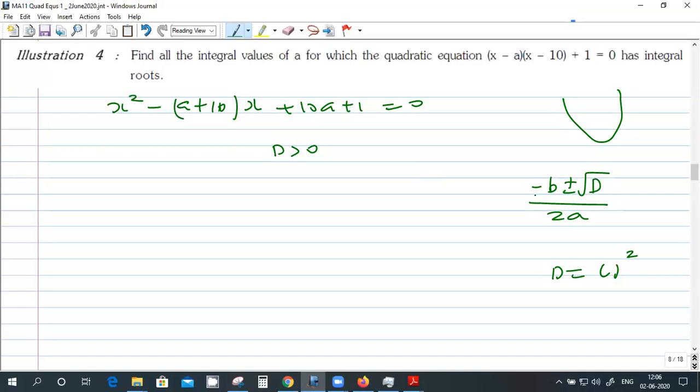B is an integer? Yeah, A is an integer. Okay, so A plus 10 is B. So B is an integer. Okay, so this thing has to be a perfect square. Only then this root will be an integer. And what is the discriminant? B square minus 4AC, minus 4 times (10A plus 1), should be greater than 0.